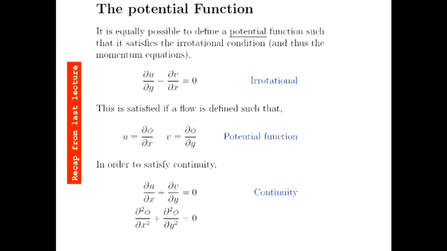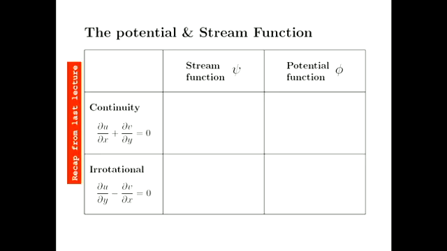So in order to satisfy continuity, I don't understand that, but this slide is incorrect, but it was correct in Tuesday's lecture. That should be the Laplacian of phi equals 0 at the bottom, not the Laplacian of psi. I have absolutely no idea how that happened. All right, so in order to satisfy continuity, the Laplacian of that new function, the potential function, must equal 0.